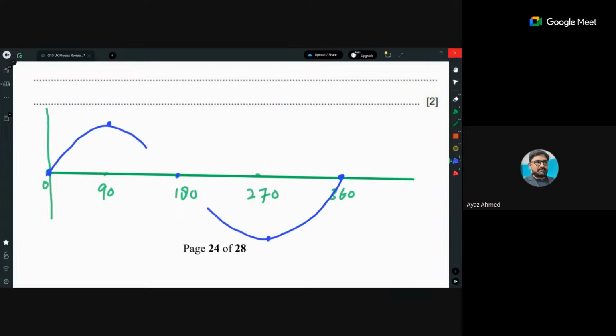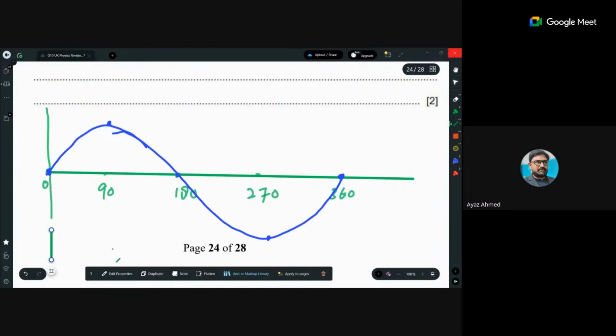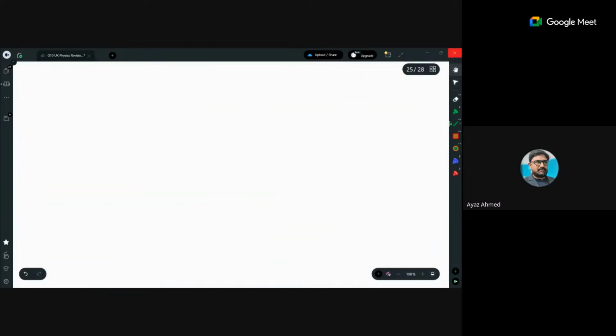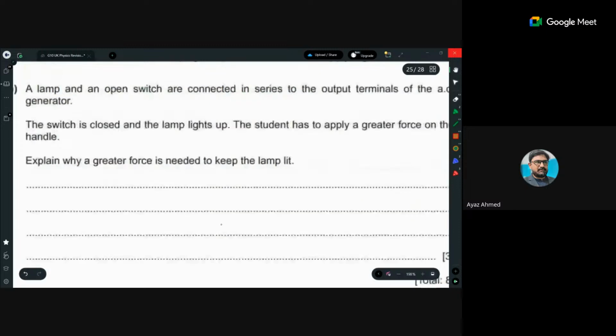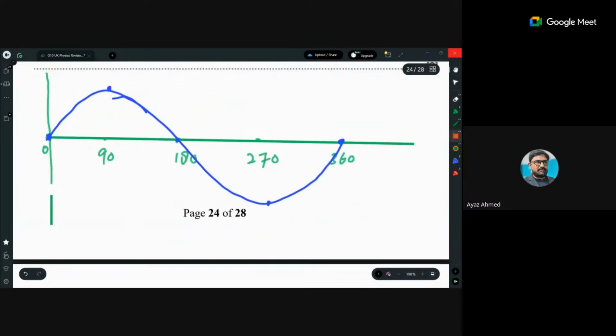But the problem is, what is the initial position of the coil? The initial position of your coil is vertical. This is the horizontal position where your current is maximum. Again, the coil is vertical here. Again, the coil is horizontal here.